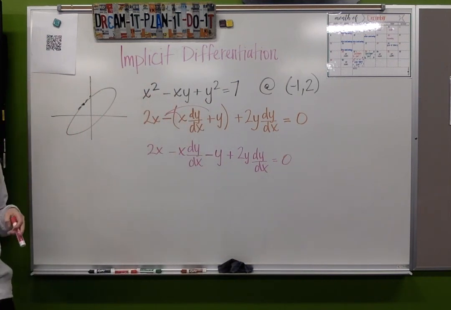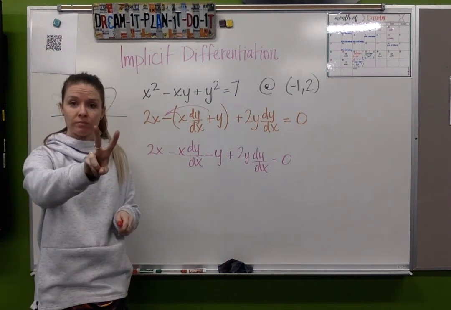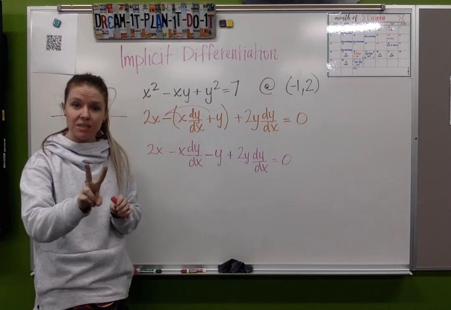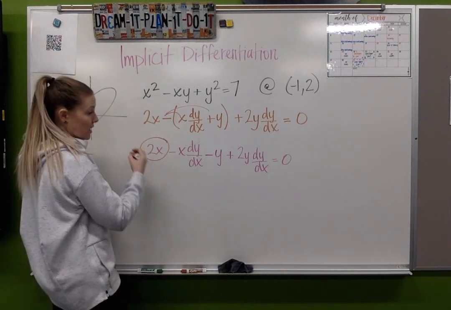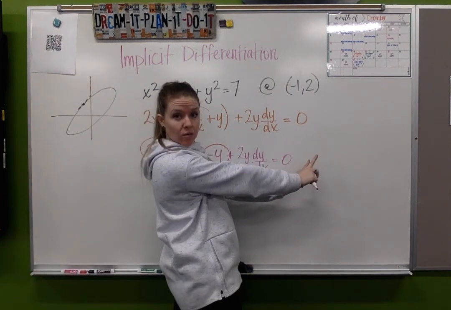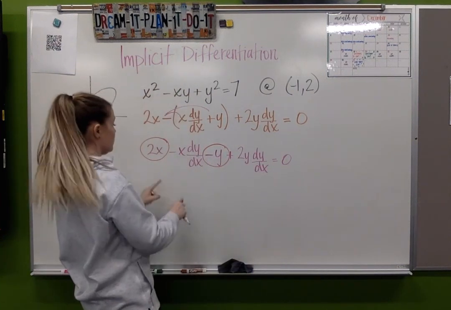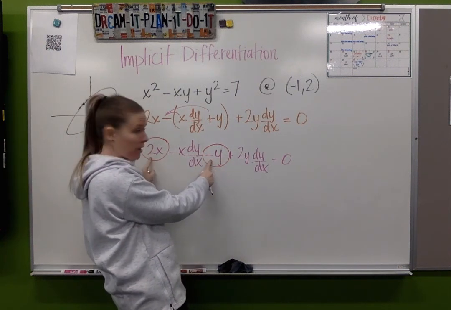So our goal is to isolate dy/dx, but we have two of them. So to isolate my dy/dx, I'm going to move my 2x and my negative y to the other side of the equal sign. Okay, so I'm going to subtract my 2x and I'm going to add my y.